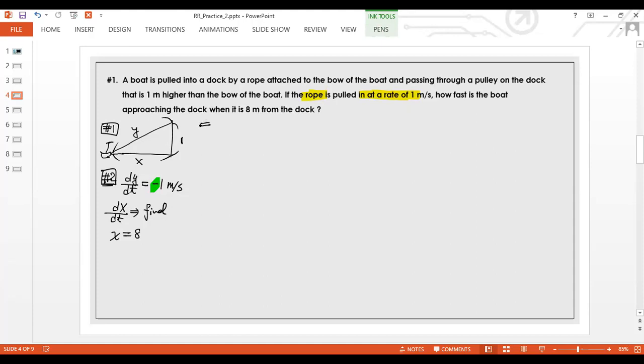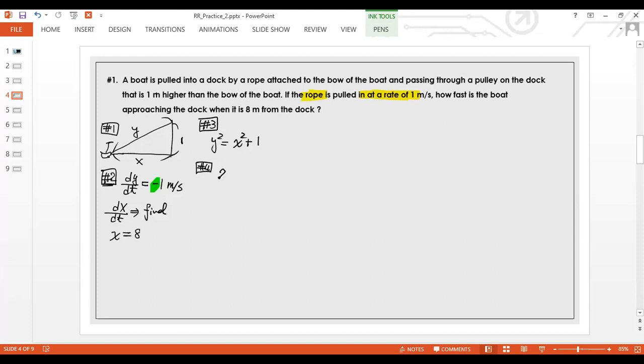Remember, step number 3 is to find a relation for all those variables, and this one is pretty easy. y squared is equal to x squared plus 1, the Pythagorean theorem. Then step number 4 is pretty easy: you take the derivative of both sides, but make sure you use the chain rule because both are functions of t.